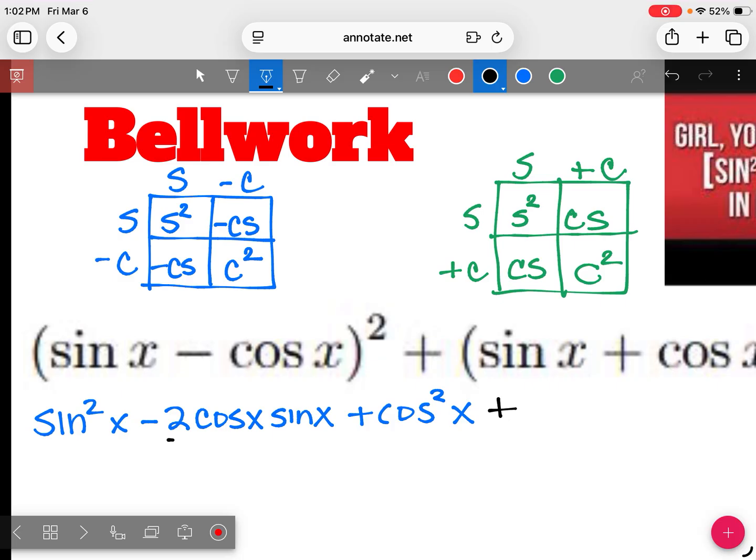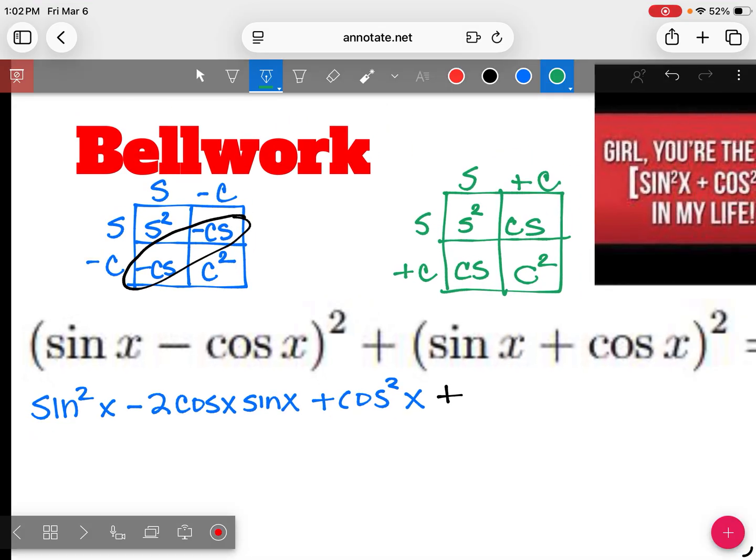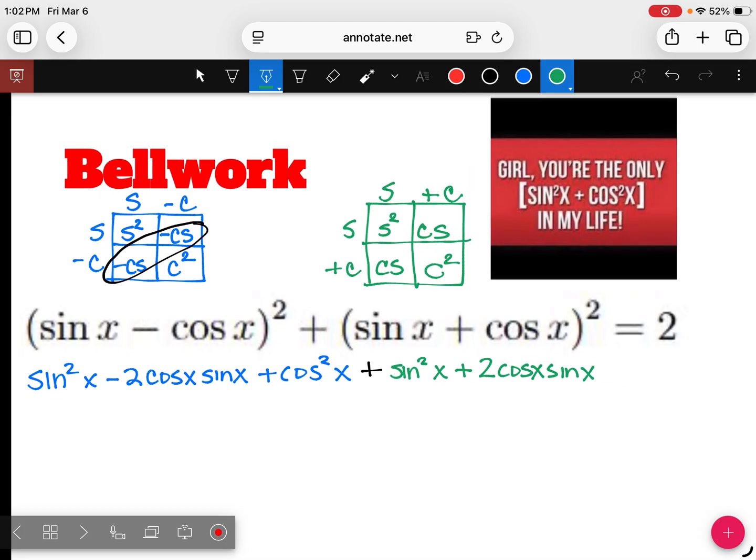And this came because I added these together: -1 and -1 gives you a -2. Okay, in my second box, I have a sine squared plus 2 cosine sine plus cosine squared. And that equals 2.